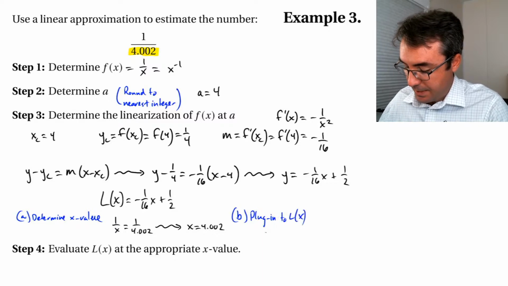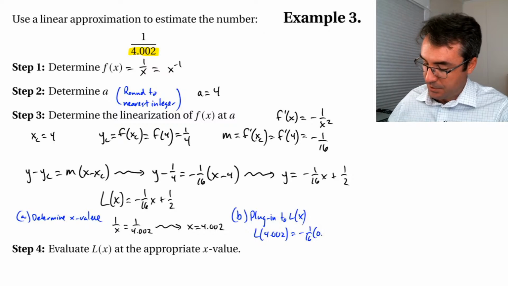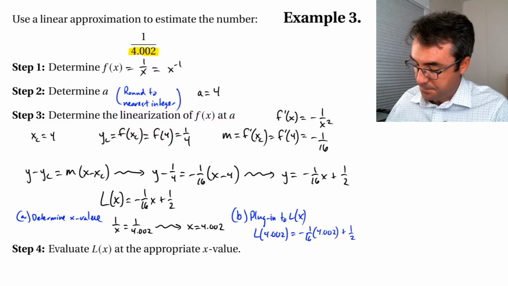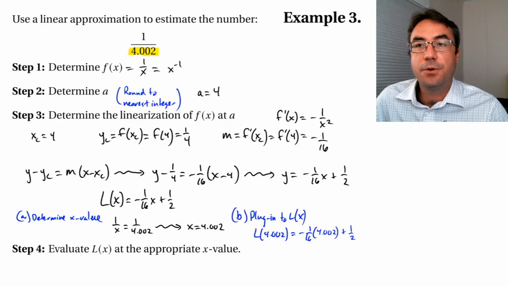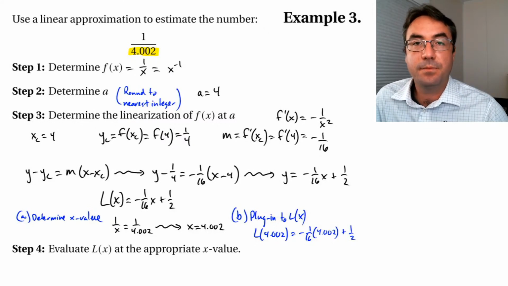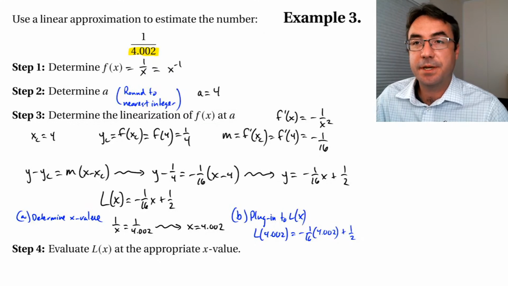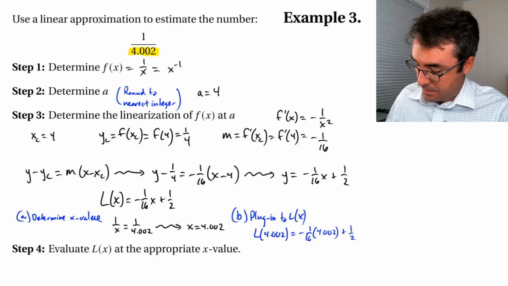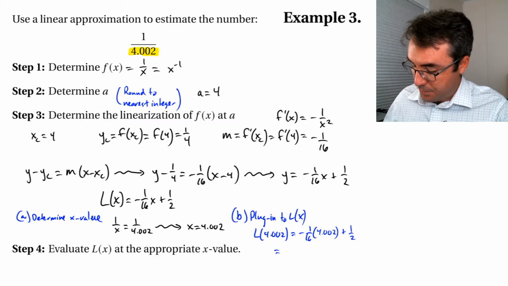So when we do that, we get L of 4.002 is equal to negative 1 over 16 times 4.002 plus 1/2. And so if we calculate that arithmetic there, we get that this is equal to 0.249875.